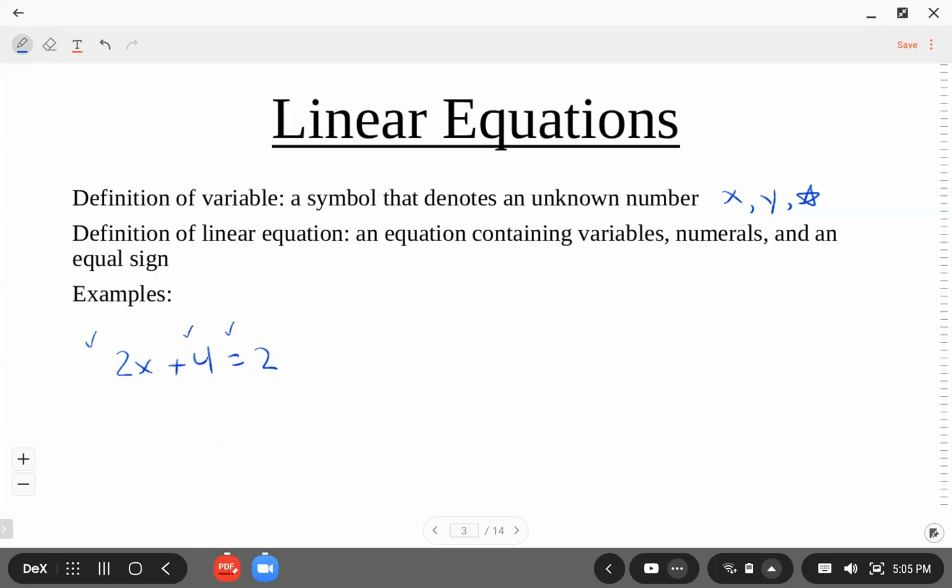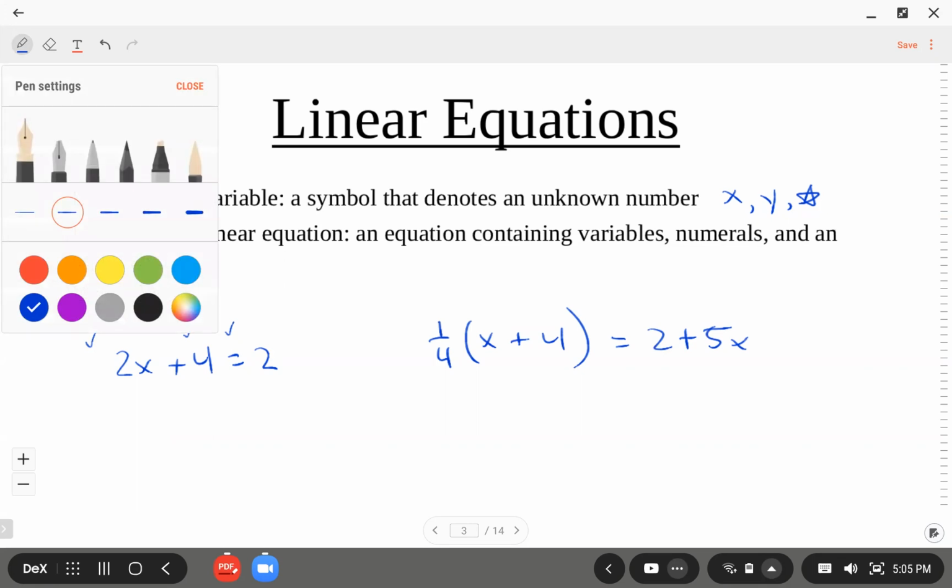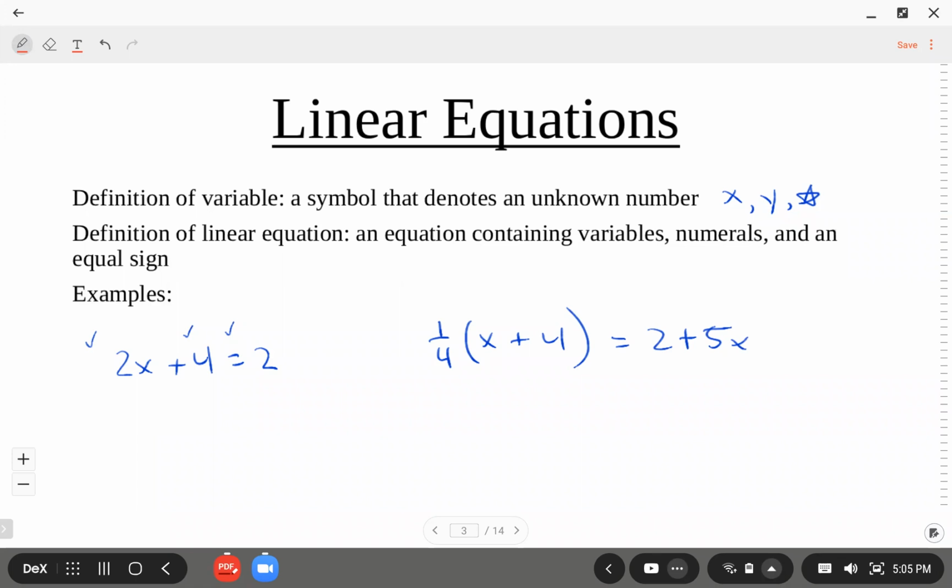So, let me introduce another example. One over 4 times the quantity x plus 4 equals 2 plus 5x. So this is another linear equation. Where are the variables?